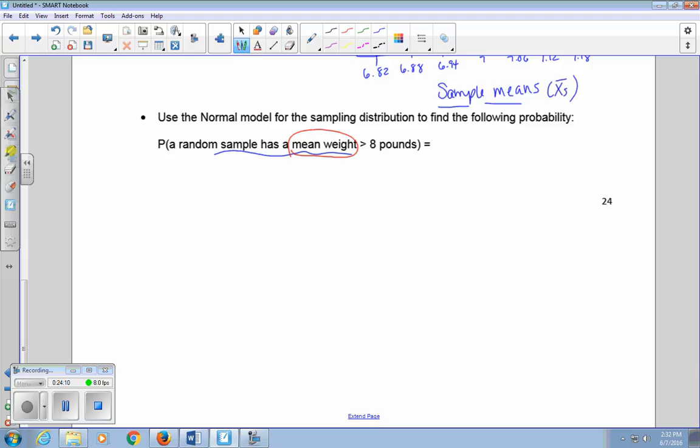The probability that we'd find an X bar greater than 8 is equal to the probability that Z is greater than, and we need to calculate our Z. Z is equal to 8 minus our mean over our standard deviation, and so we come up with 16.67.